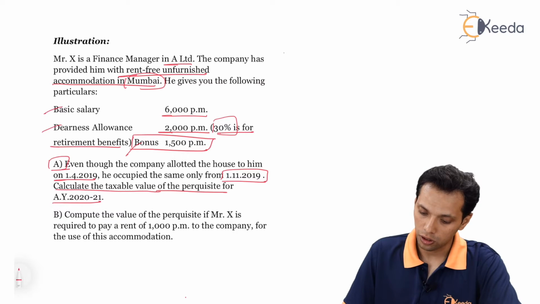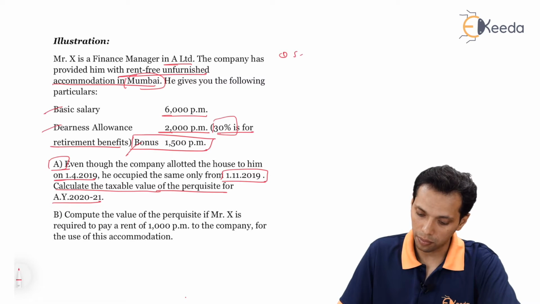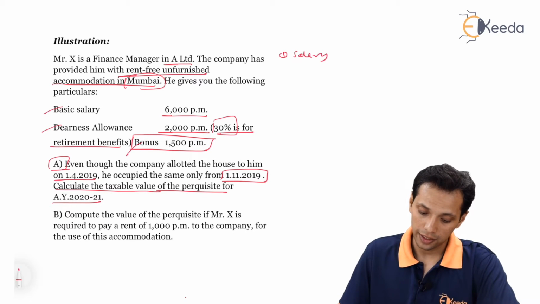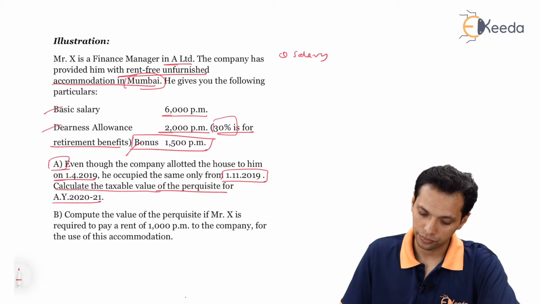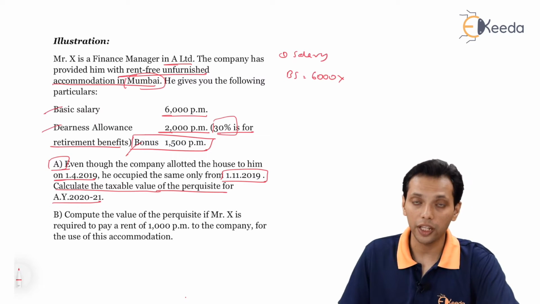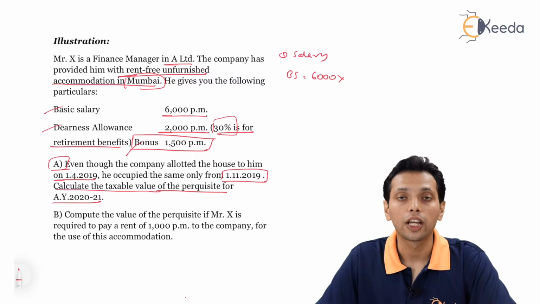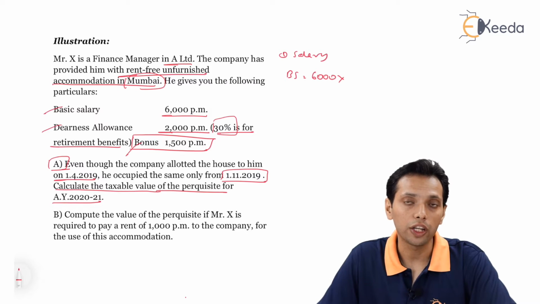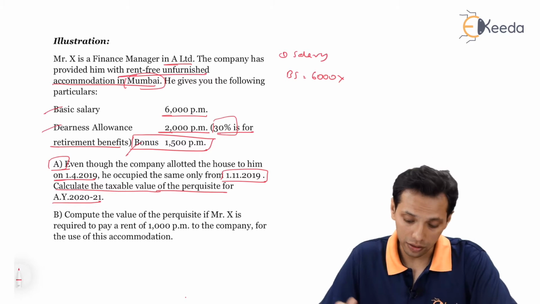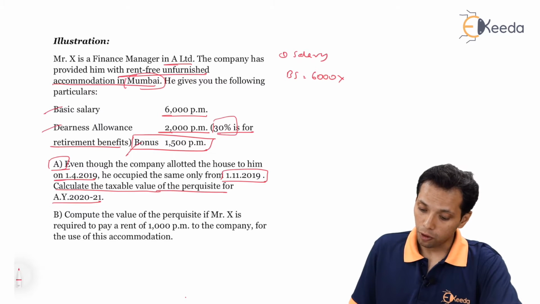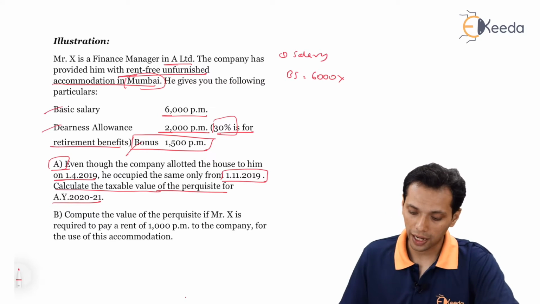So first of all, how to compute the salary part? Salary would be basic salary, which is 6,000 per month. Here the per month would be the period for which the accommodation was part of the employee. So he has occupied the accommodation for 5 months, that is from 1st of November 2019.